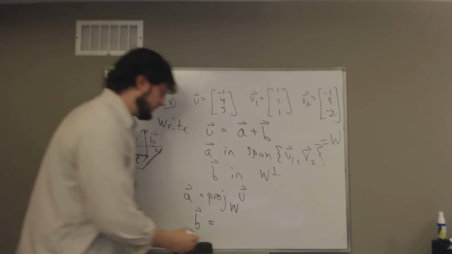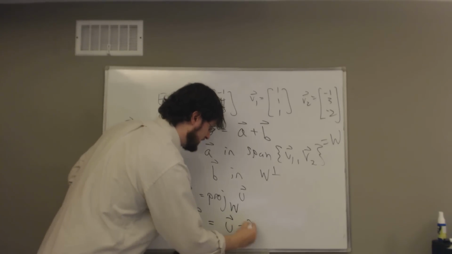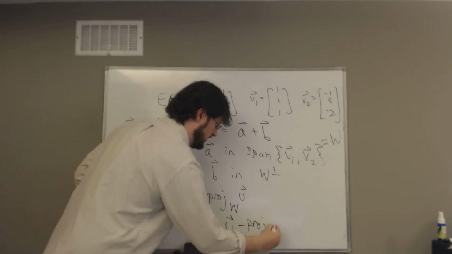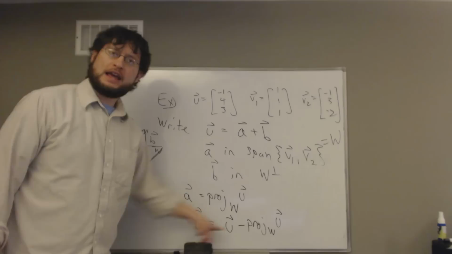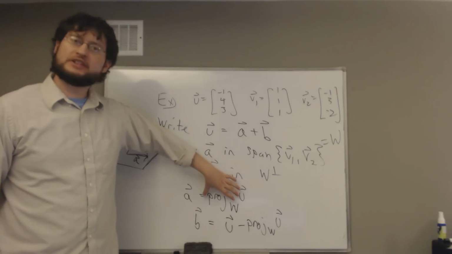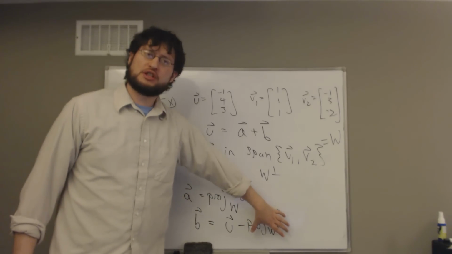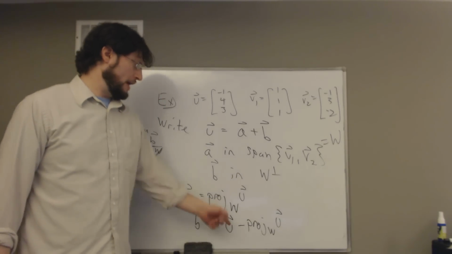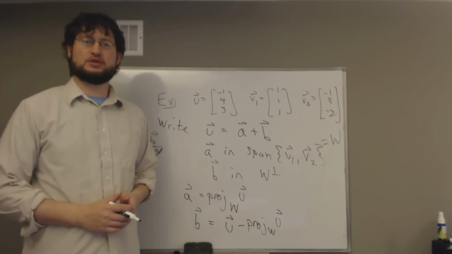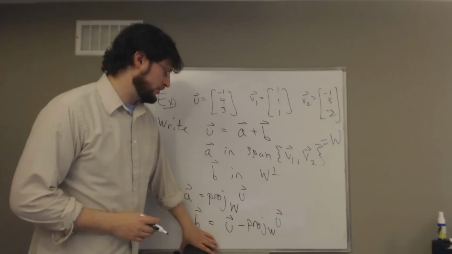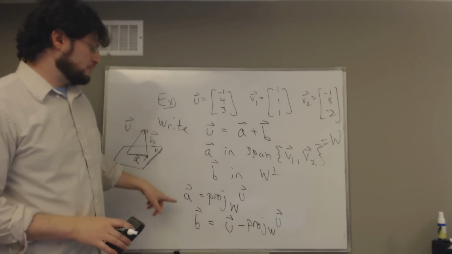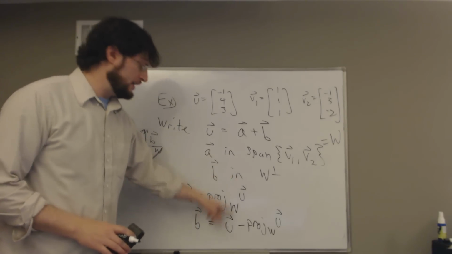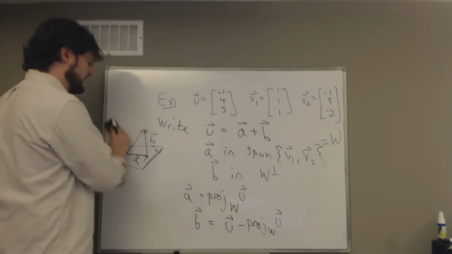That means that b is going to be u minus the projection of u onto W. That way, when I add a and b together, I have a positive projection and a negative projection, which cancel, and I end up with u back. So a plus b is, in fact, u like we need. And so that's our only real new idea here. We're still at this. Let's practice. We'll practice calculating a and put this all together to see what we get.